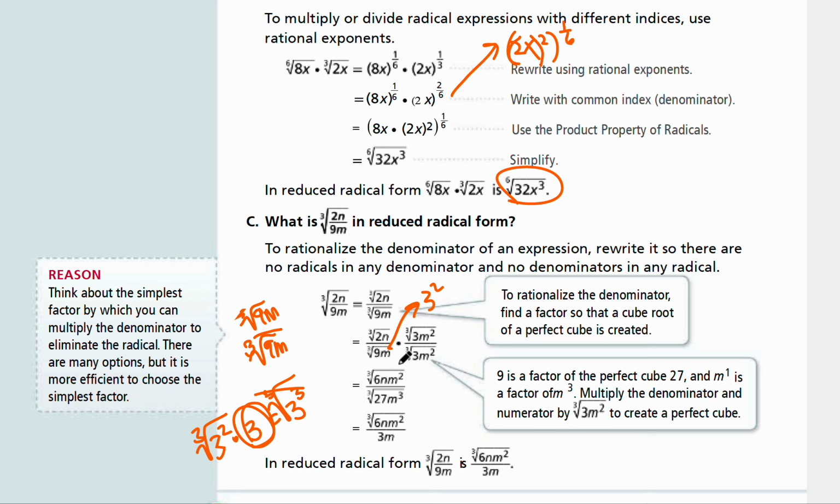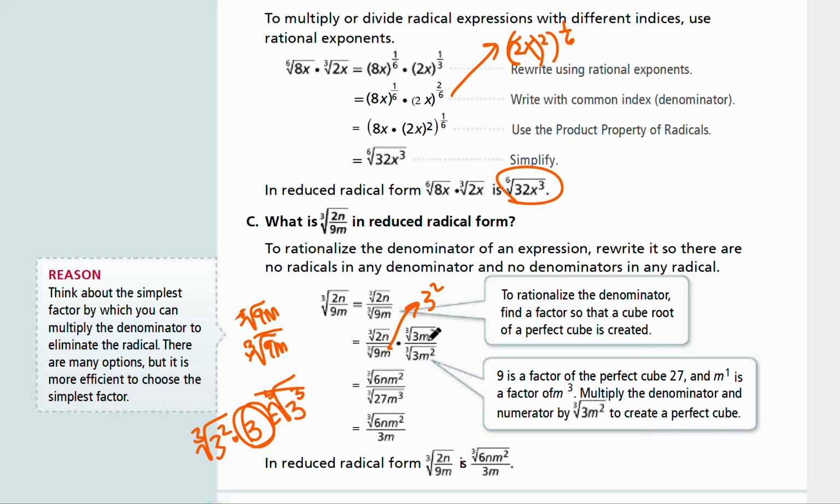Okay, and then because of m, you need two more m's, right, to multiply so that we can get a real number without a radical, right? An m to the power of 1. So then that's how we got this number.